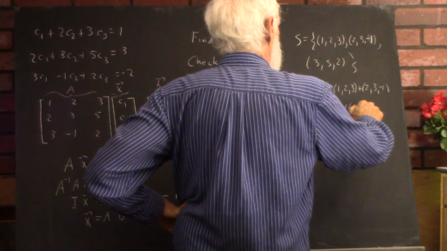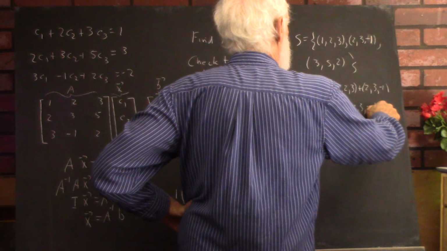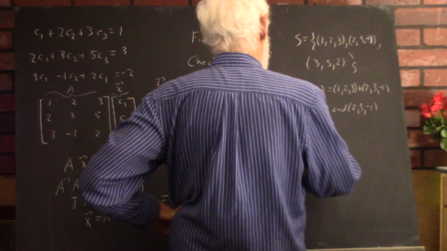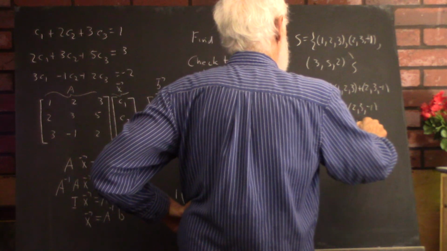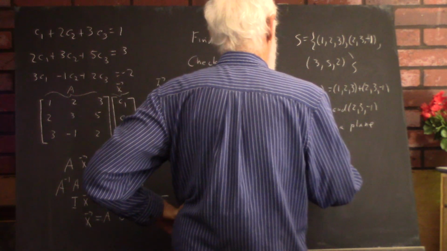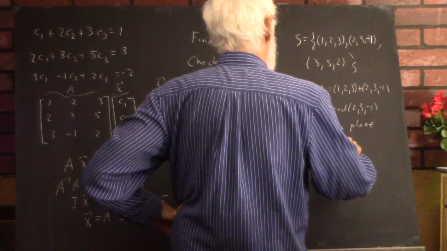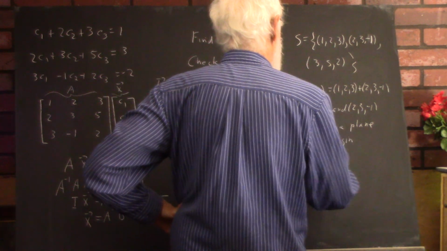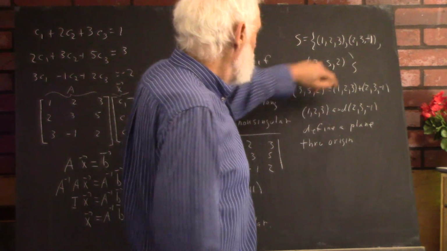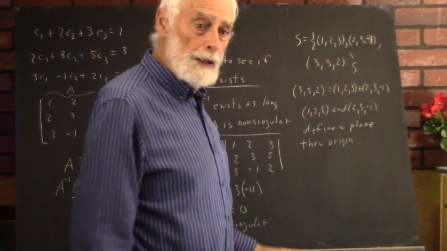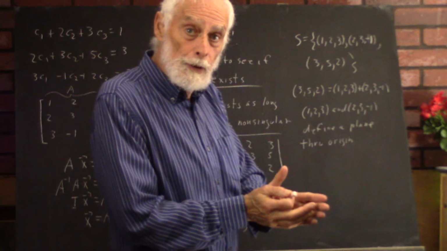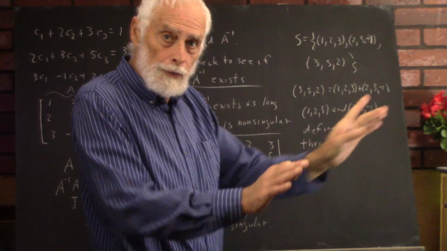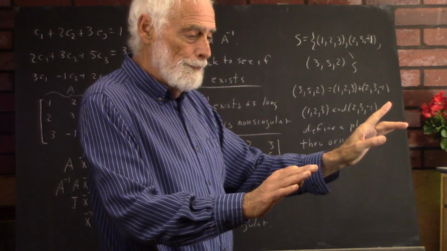So I'll make a statement here. This vector and this vector define a plane through the origin. You put the initial point of both of these vectors at 0, and they go out from the origin in some direction.